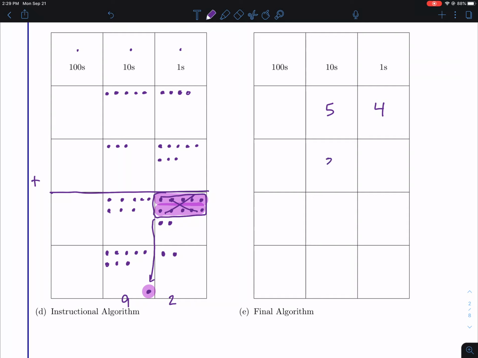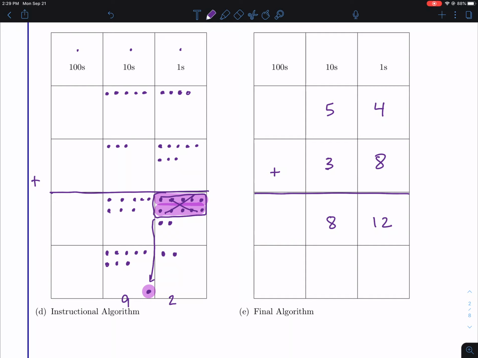And then same thing for the 38, a 3 in the 10 spot, an 8 in the 1 spot, and then add them. But again, we're not doing any carrying or anything like that. We just want to add them straight up this first time around just to see what happens. So in this case, I get 8 plus 4, which gives me 12 things in the ones position. 5 plus 3 gives me an 8. And so it looks like 812 is my final answer.